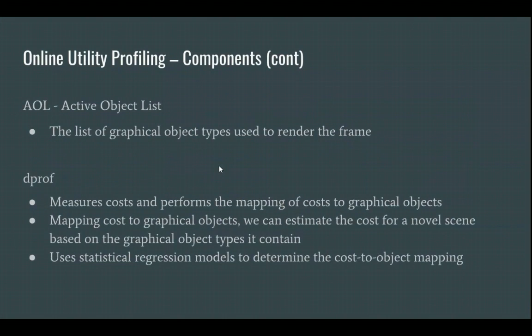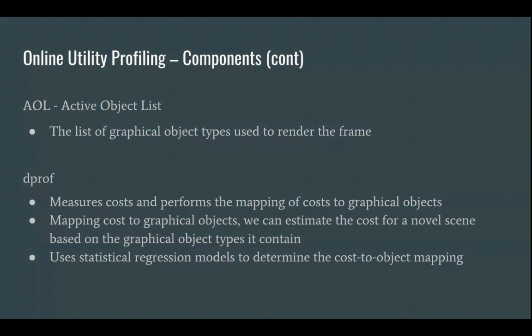The next component we are going to be discussing is AOL, which is the Active Objects List. It is just a list of objects that are going to be used by the game to build a particular frame. The values received from this list are given as input to the next component, which is dprof. dprof is the most central component of utility profiling.